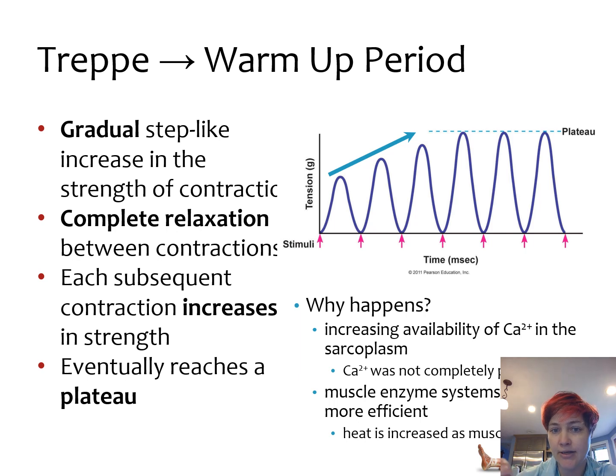So you can imagine, each one of these pink arrows is a stimulus. Let's be less violent. Let's not punch people. Let's tase them. We're going to tase people instead. So each time we have a pink arrow on this graph, we're going to tase somebody. And you can see after each one of those, we're actually recruiting more and more motor units.